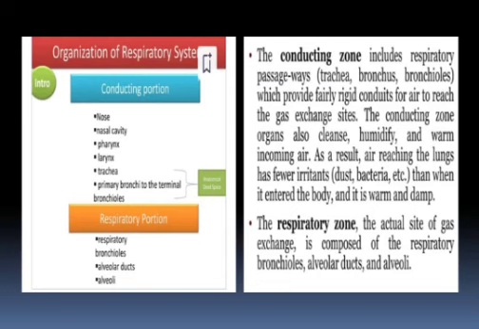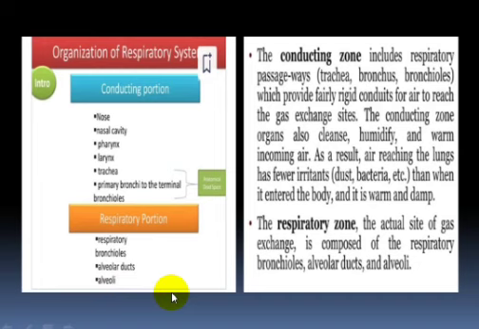The conducting zone is made up of components such as the nose, the nasal cavity, the pharynx, the larynx, trachea, primary bronchi, to the terminal bronchi, bronchioles. Alright?